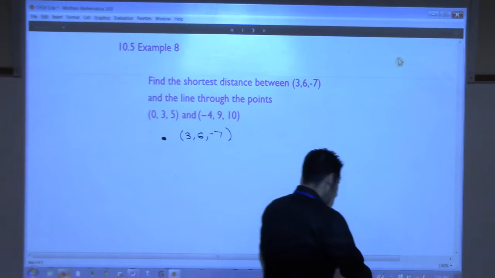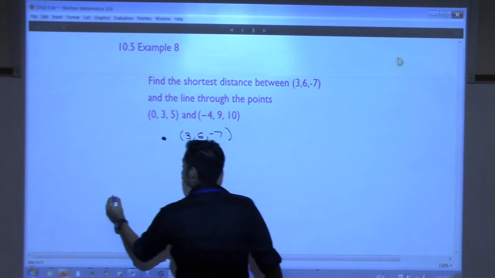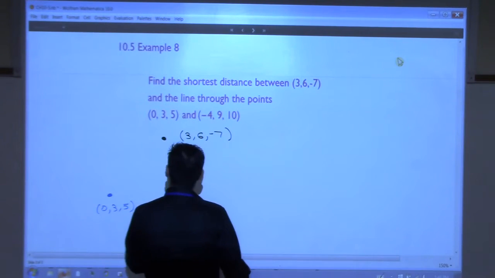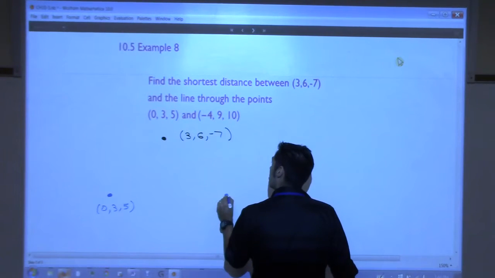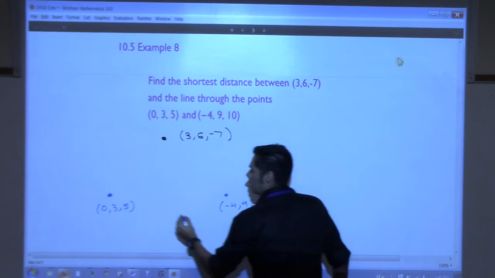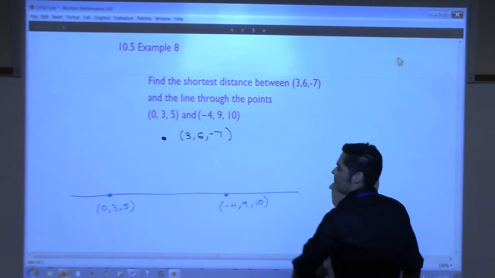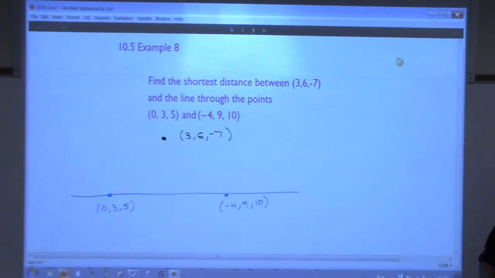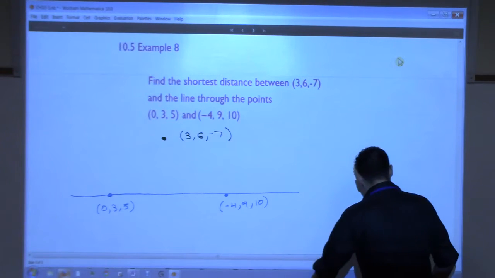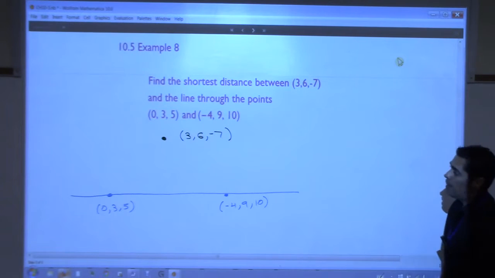Then I have 2 points that live on a line: the point 0, 3, 5 and the point negative 4, 9, 10. There's a line that goes through these, right? Trying to find the shortest distance between that line and that point.